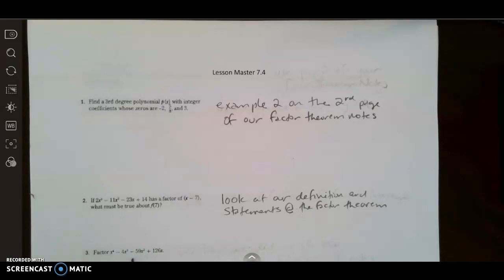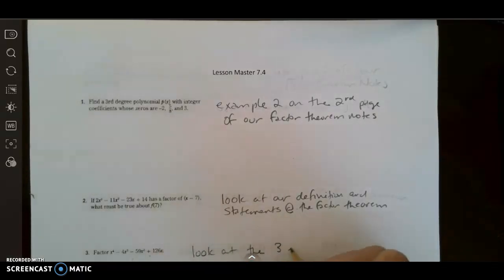Number 3, you're asked to factor, and you're just given the equation. And so what I would do is look at the 3 examples we did at the intro to the factor theorem notes.